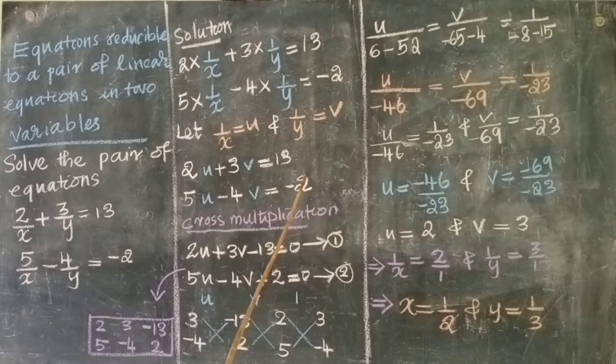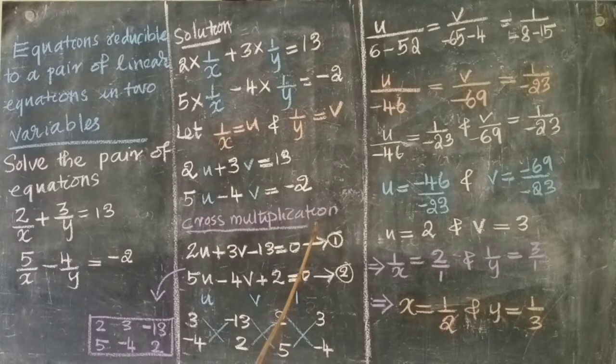We can use any of the algebraic methods we have studied. We have studied three algebraic methods: substitution method, elimination method, cross multiplication method. Here I am going to follow the cross multiplication method.